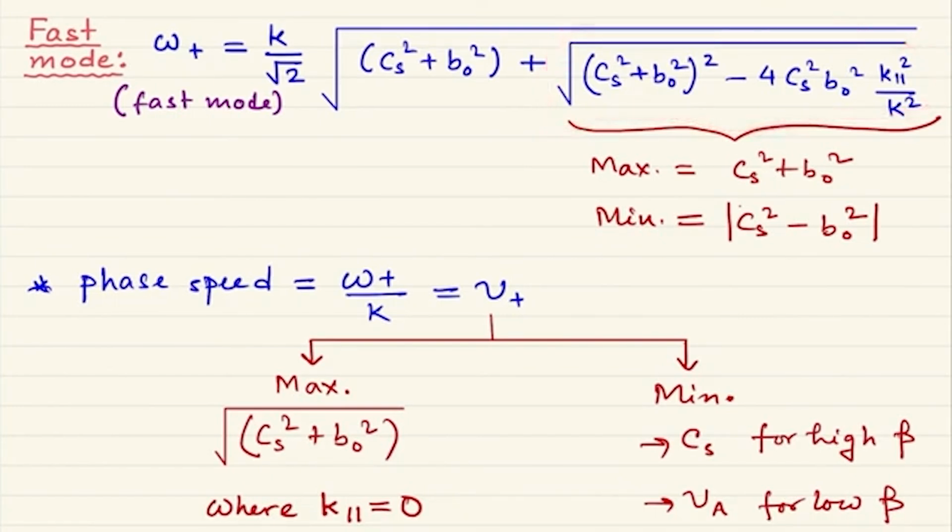The maximum value will simply be root over CS square plus B0 square plus CS square plus B0 square. So you will have root 2 times root over CS square plus B0 square.